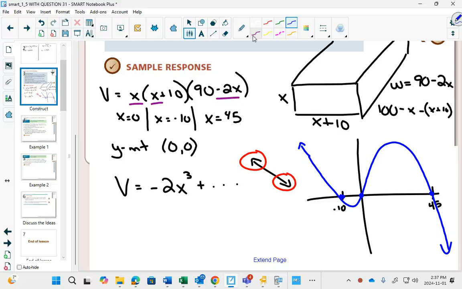Now sometimes in these questions, they're going to ask you about domain. And normally if we had an x cubed graph, we would say the domain is everything. But when you're dealing with a real life situation, some things don't make sense. Like for example, what did we graph? We graphed volume equals x.